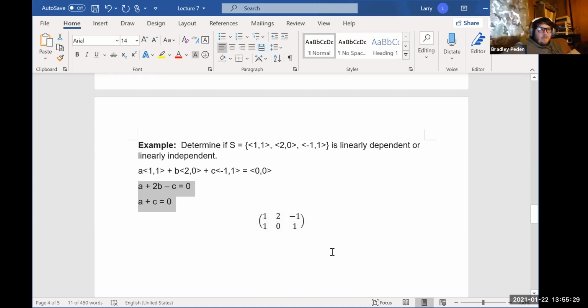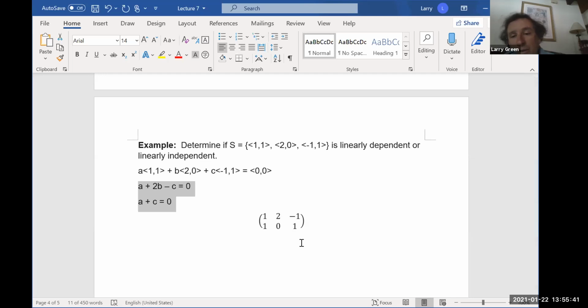We can assume they're there. But more importantly, if you RREF the matrix, then that'll tell you the pivots and the free variables. Do you remember that?